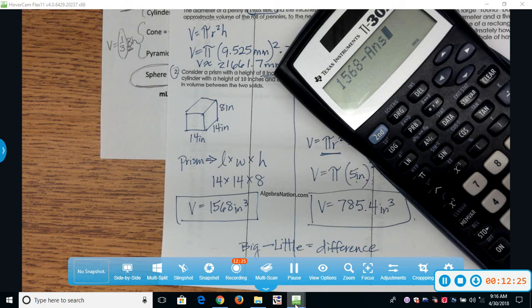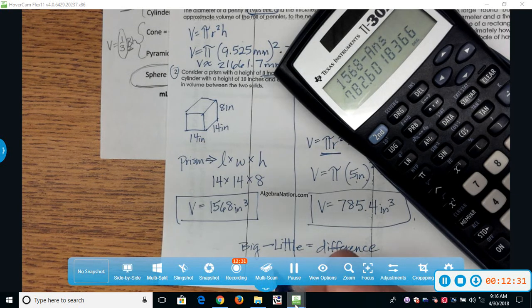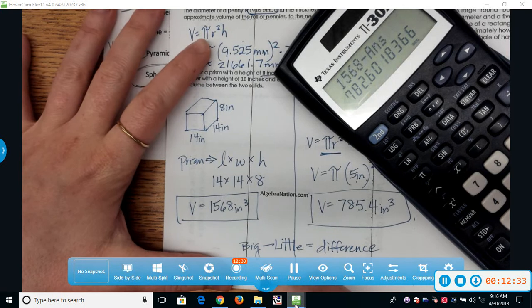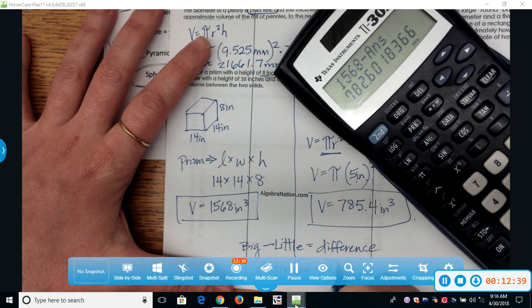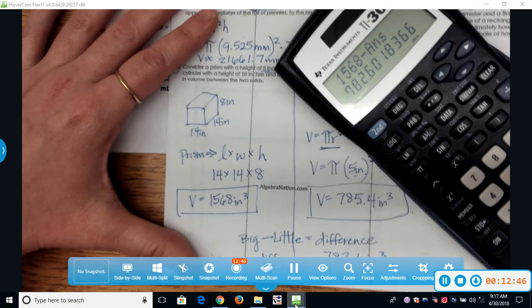That way I get all those decimals, and I'll round at the very end. So the difference in volumes is 782.6 cubic inches.